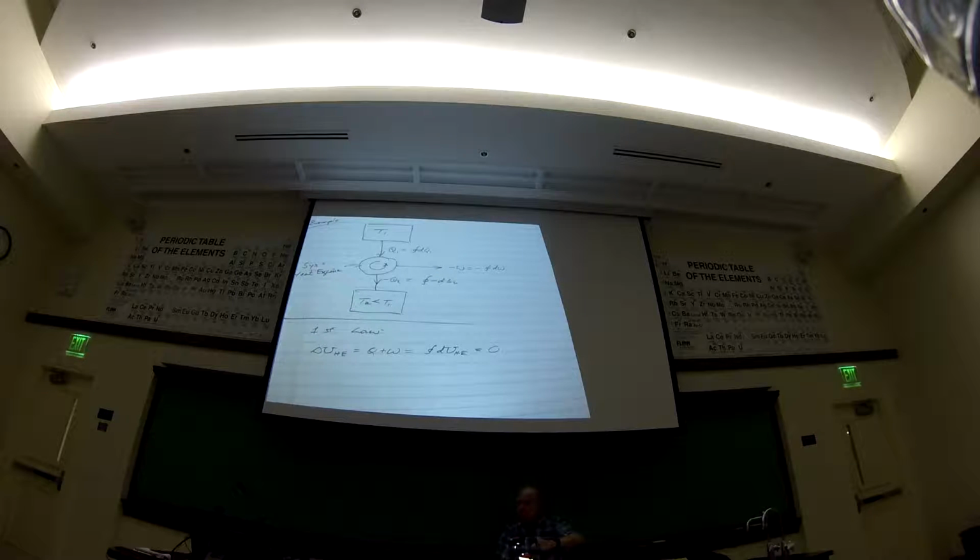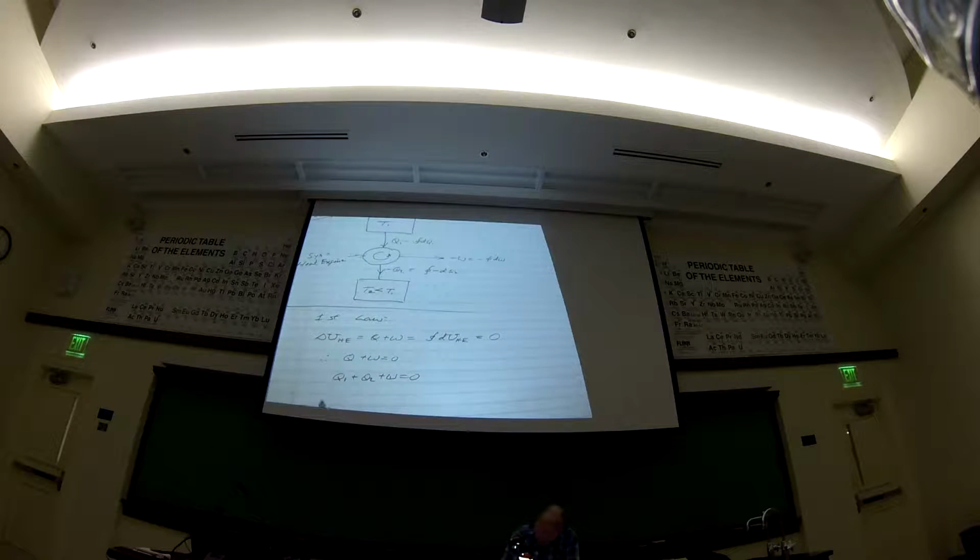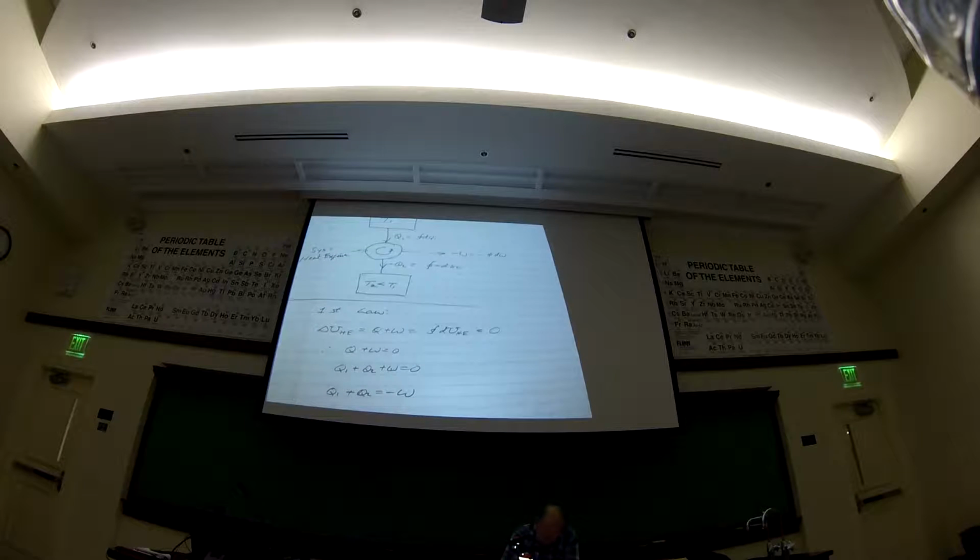When you're through, you're back where you started, so the change is zero. Any state variable. Therefore, Q plus W equals 0. So Q is equal to Q1 plus Q2. And therefore, Q1 plus Q2 is minus W.